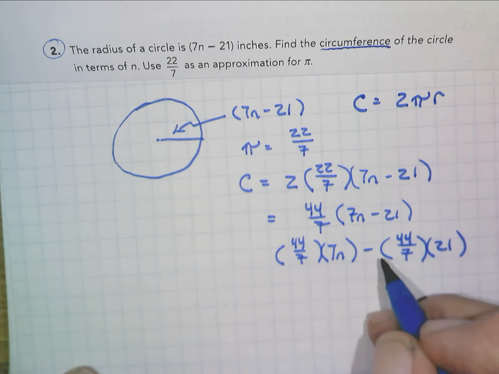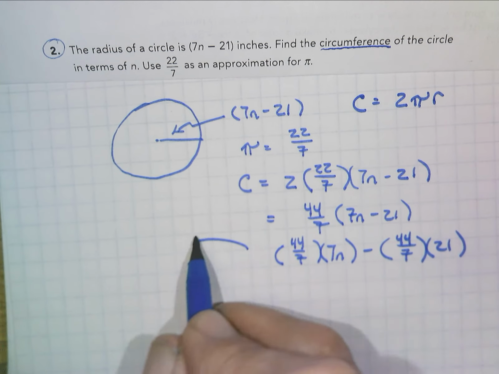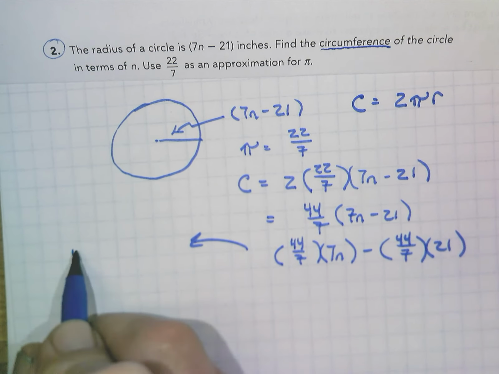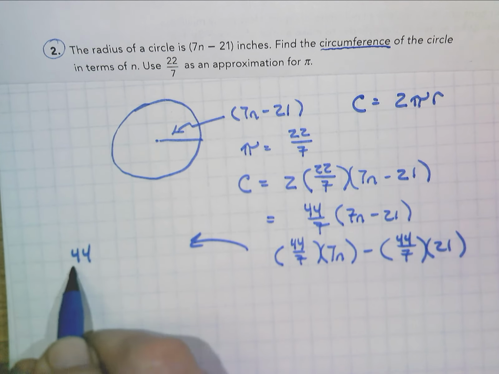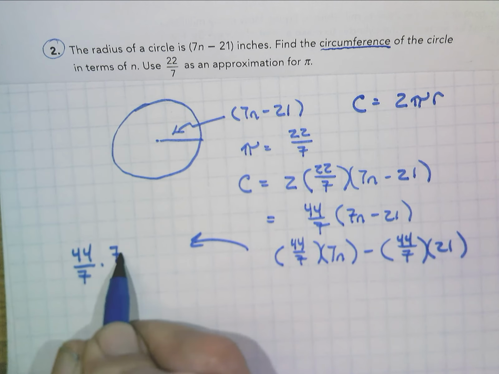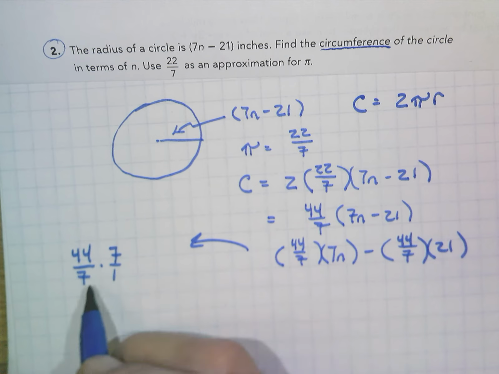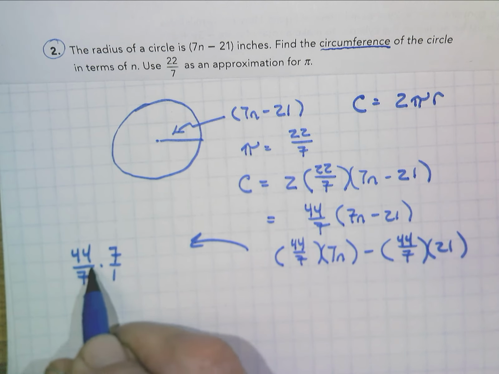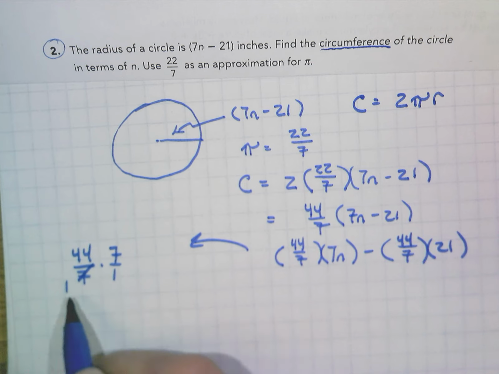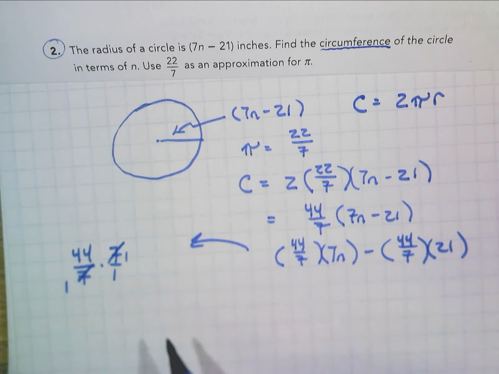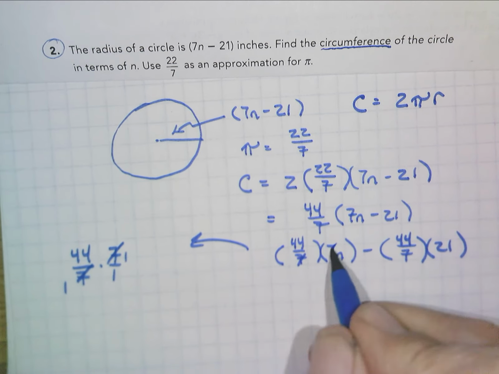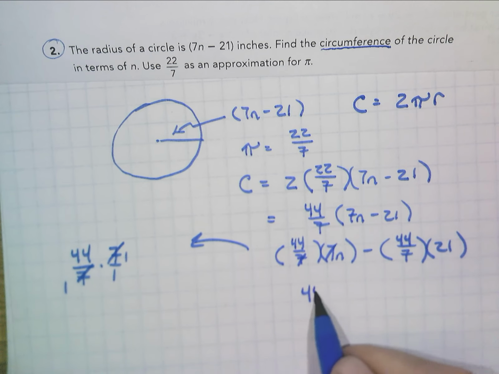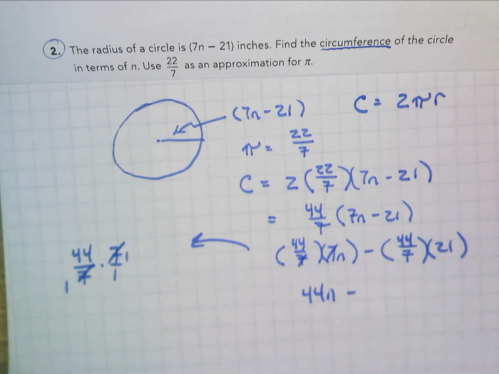And when you're working with these problems, I don't know if you've covered it before, but when we're doing 44 over 7 times 7 over 1, we can notice that this makes the number 1. 7 over 7 is the number 1. So we can say that 7 goes into 7 once, 7 goes into 7 once, and that way we aren't working with really big numbers. We actually cross these out, and we get 44n minus the same over here, only it's a little bit different.